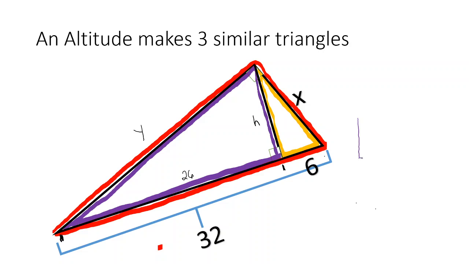I've got the medium one. Purple was just the color that popped up first for me, so there's no reason why I did the purple one first. On the purple one, what's the smallest side? If you look at the diagram, you should be able to tell that the smallest side is H. The medium side is 26.